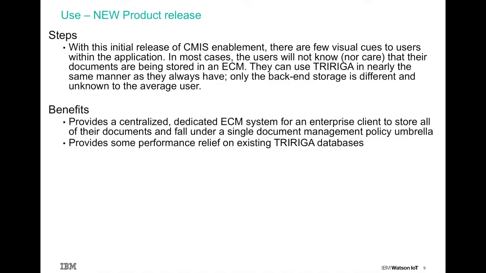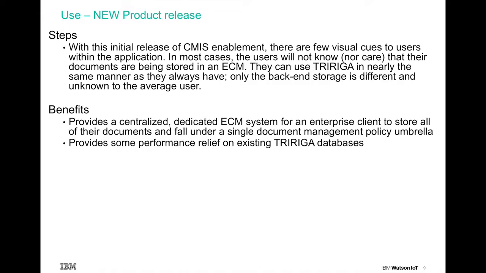Generally speaking, a user will not have to follow any different steps in order to use the CMIS features. For this particular release, CMIS is an alternative storage for the document objects within TRIRIGA.